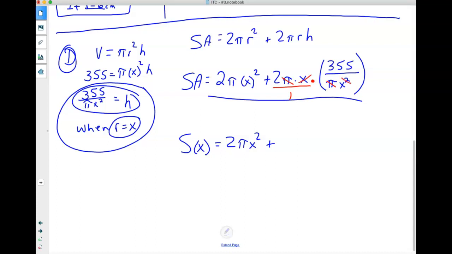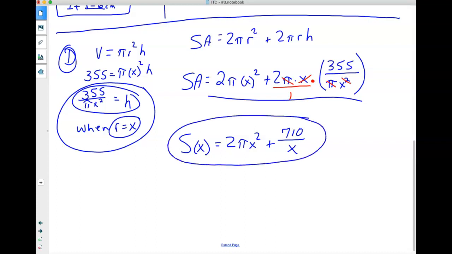And I know 2 times 355 is what? 710 all over x. And now I've written my surface area as a function of x, where once I know my radius, my function automatically converts my radius and puts the height and does everything in terms of it, okay? So this is what we need.